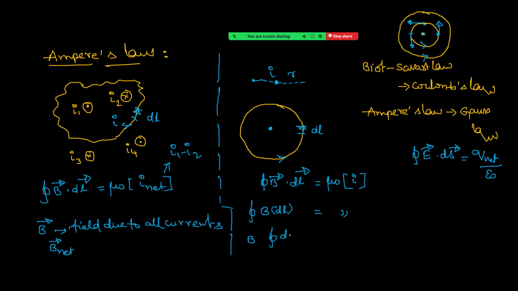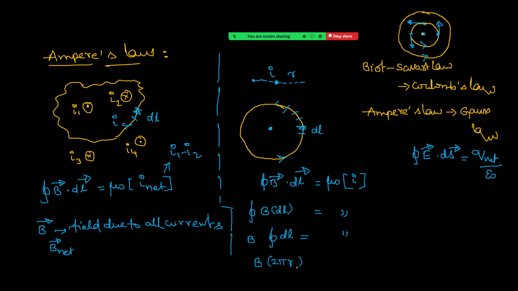Closed integral dl: if you add dl, again dl, again dl, all these small lengths, we are going to get 2 pi r.